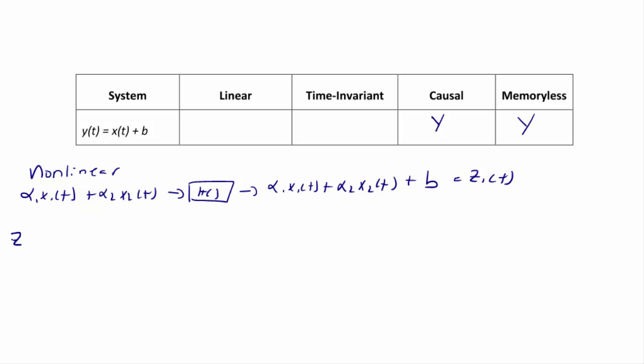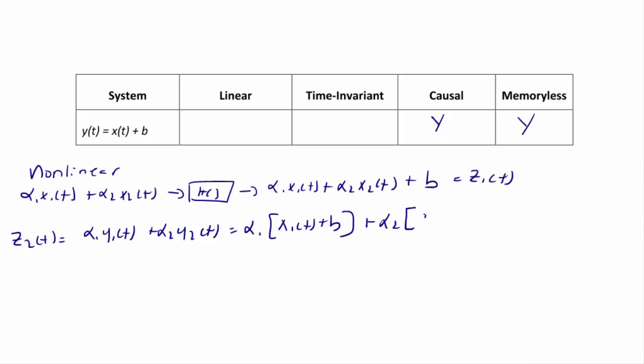z2 of t is equal to alpha 1 y1 of t plus alpha 2 y2 of t. So this equals alpha 1 times the quantity x1 of t plus b plus alpha 2 times the quantity x2 of t plus b.